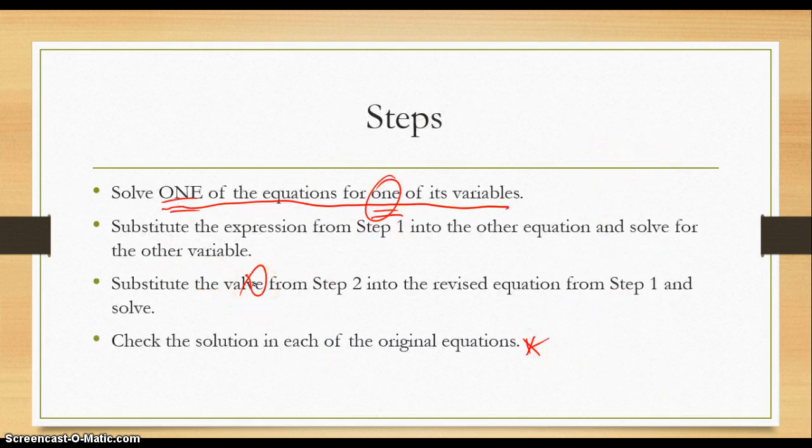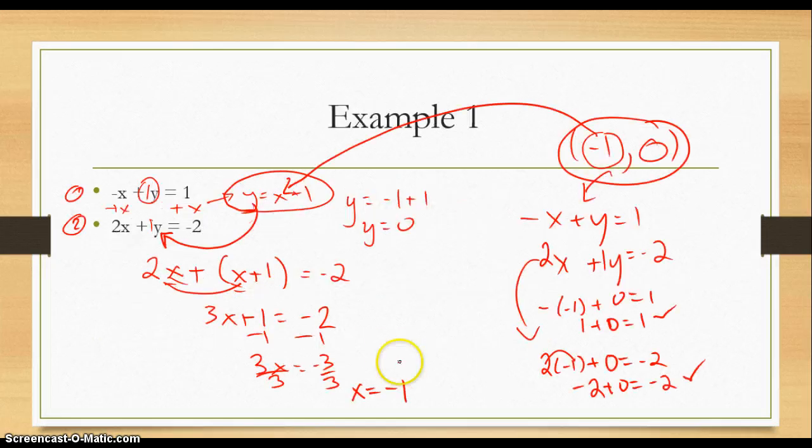Then substitute the value from step 2 into the revised equation from step 1 and solve. So after I solve negative 1, I'm plugging that back into the equation that I created, which I did right here. And I got negative 1 plus 1, and that's how I got 0.